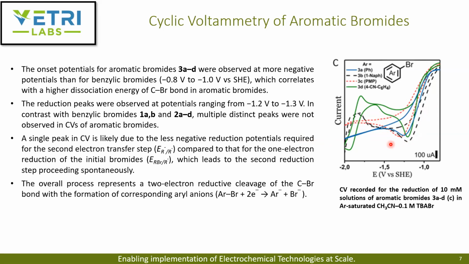As the second reduction needs a very small potential, the overall reaction seems to be spontaneous, and the one reduction peak you get represents two electron reductive cleavage of this carbon-bromine bond with the formation of the corresponding aryl anions.